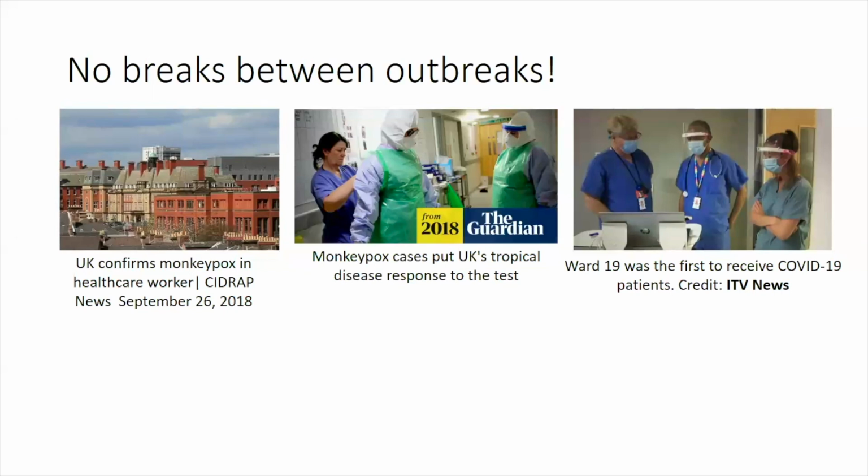And as you can see in the Guardian, however, we kind of almost forgot about Mpox. Because just over a year later, we were busy doing something more substantive as far as outbreaks are concerned. We admitted a Chinese woman who came to the UK 48 hours earlier to visit her son, who was a university student.